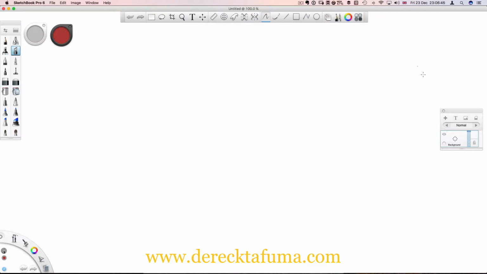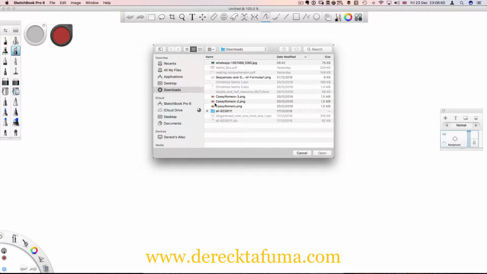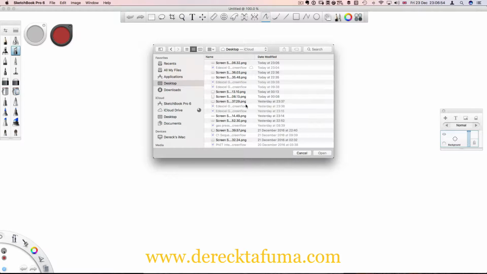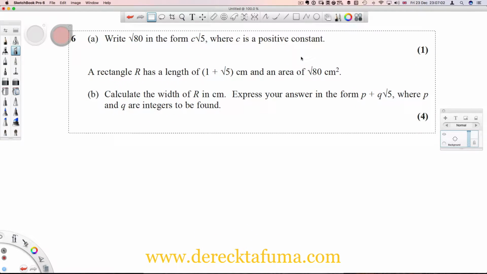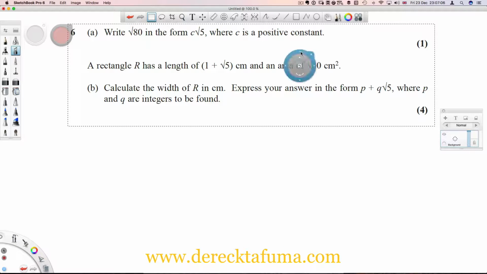Onto Sketchbook Pro. Import that image. Go to the desktop. 2306 is that one there. Open it. Move it up. There is the question.